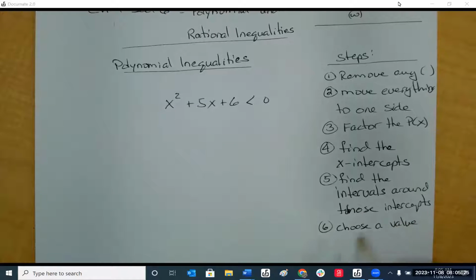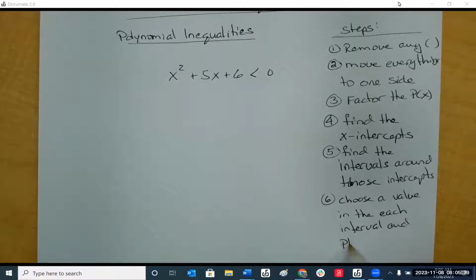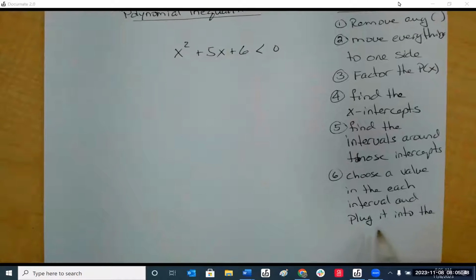Choose a value in each interval and plug it into the polynomial. Right. Polynomial on one side, you have a 0 on the other side.